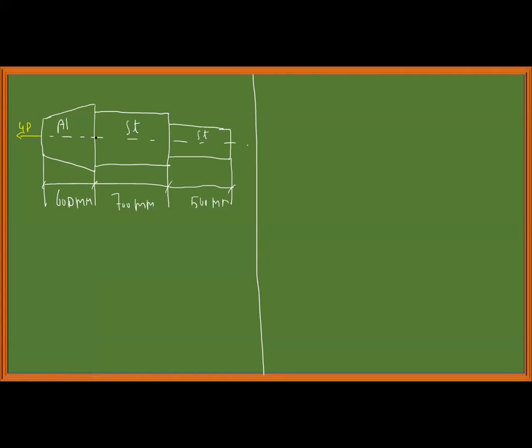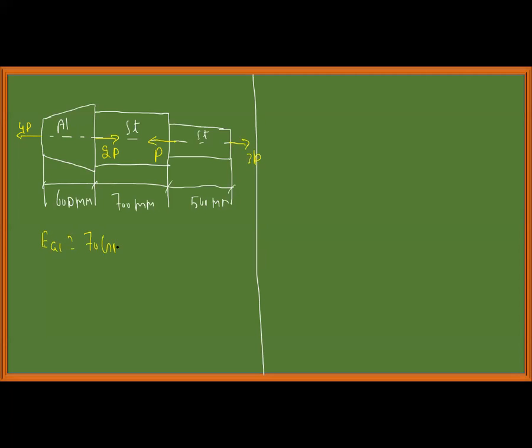The loads are 4P, 2P, P, 3P. He has given the Young's modulus of aluminum as 70 GPa.